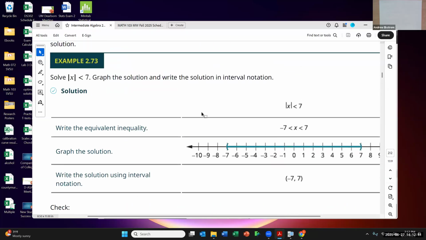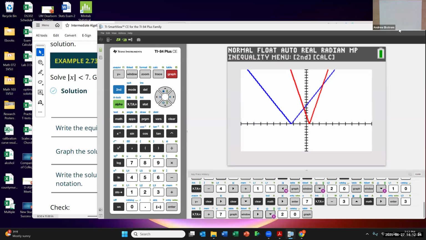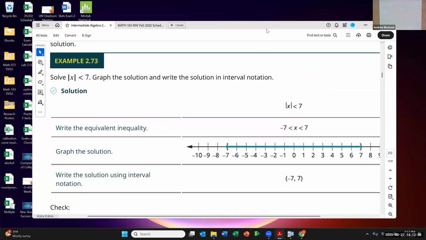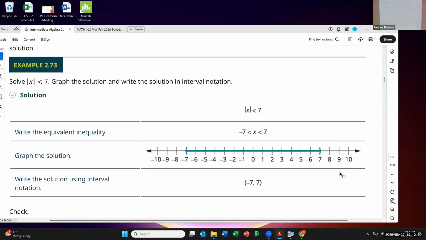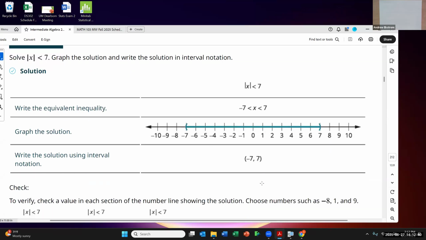Try to find where the two equations meet. And here we're looking at absolute value of x is less than 7. So just looking at what we've got here, any value between -7 and +7 without touching 7 is going to be the correct answer, which is why we have the rounded numbers here.